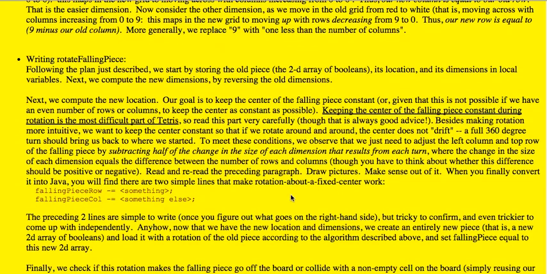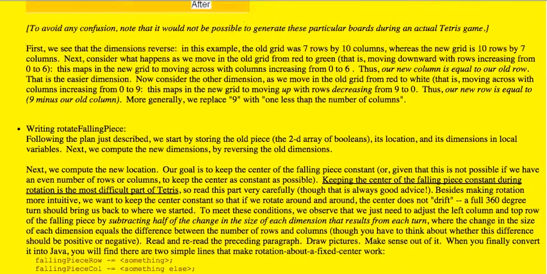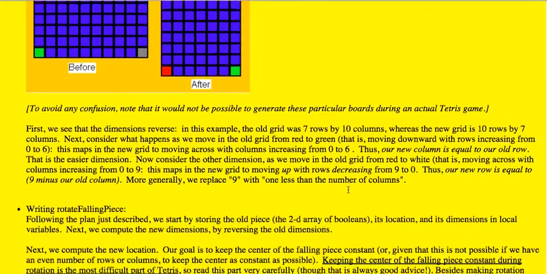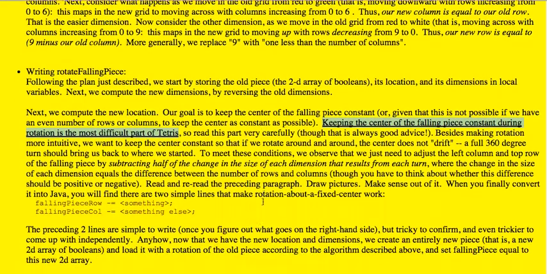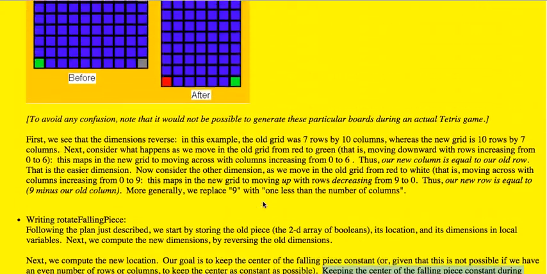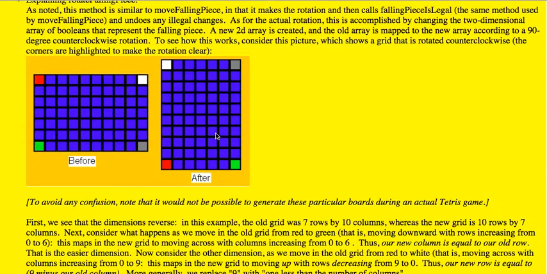In any case, the hard part of rotation is keeping the center of the falling piece constant. In other words, when you rotate, you should, for each piece type, find what you think is the center of it in the row and column. If there's an odd number of rows, it's really easy to find the center.